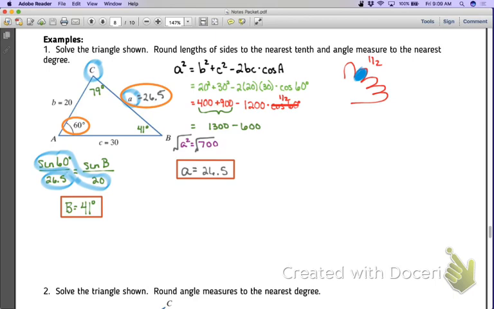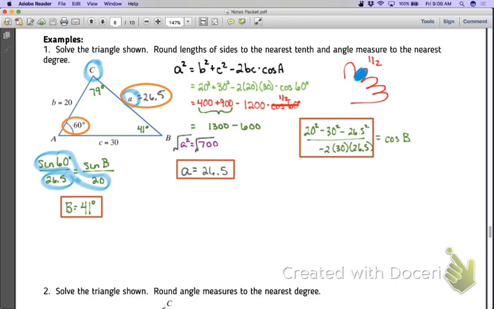Then you have everything. Again, like I said, since you now have those values, if you were trying to find angle B, you could have done 20 squared minus 30 squared minus 26.5 squared, divided by -2 times 30 times 26.5, and found cosine of B. You would have just taken that same value in there.